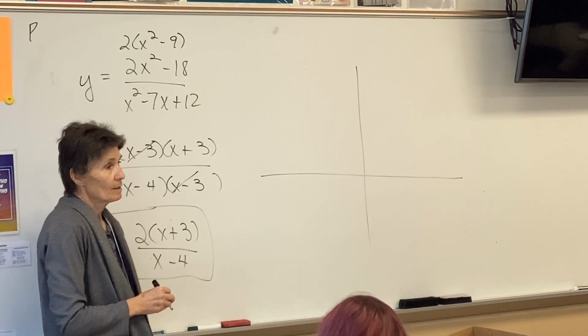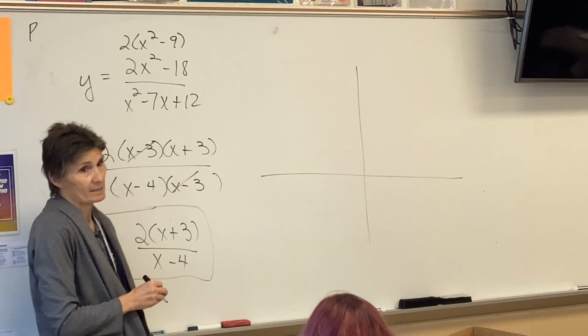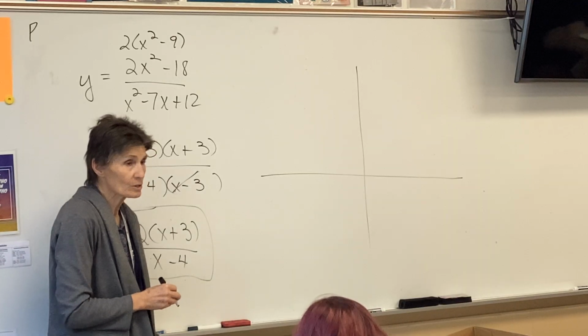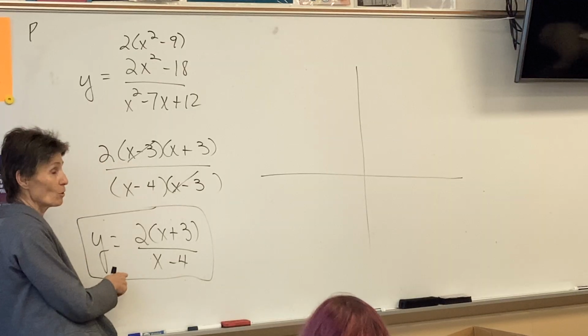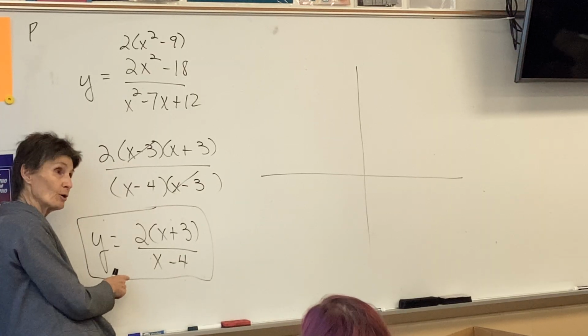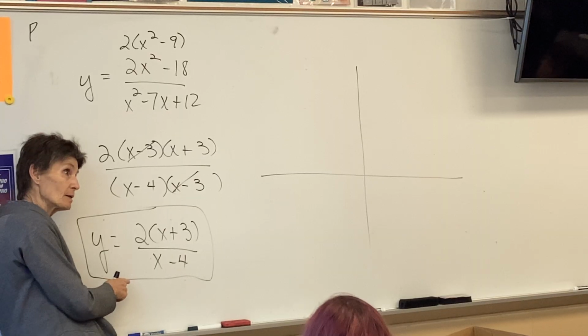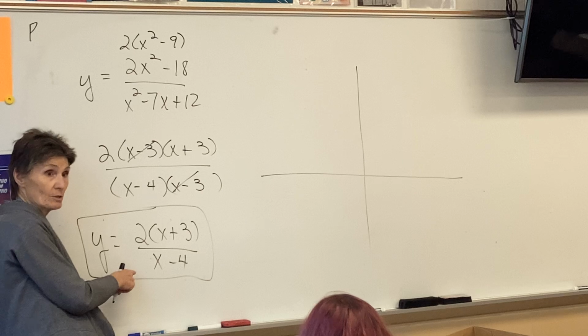Okay. Remember when you fill in your blanks, the asymptotes are equations. So when I say where is your vertical asymptote, in the blank, you're going to write x equals. Well, for vertical asymptote, you're going to write x equals 4.